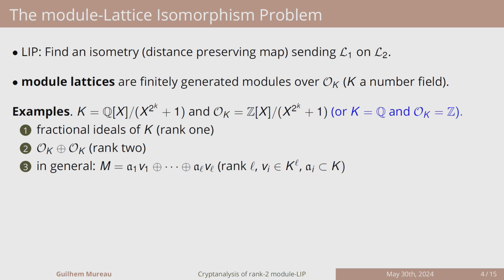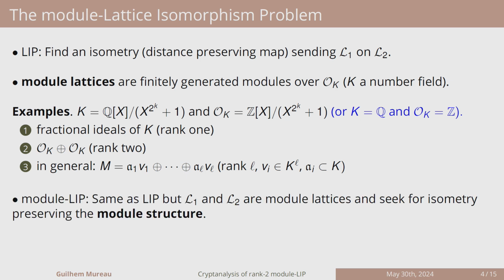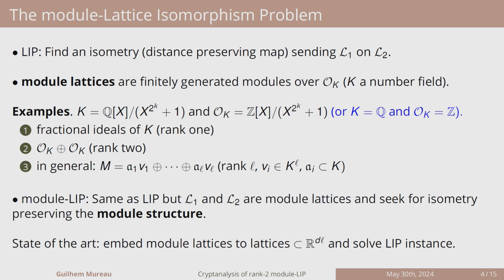I will only consider free lattices, so we'll have bases. Module LIP is the same problem as LIP, but we consider module lattices, and we want to find isometries which also preserve the algebraic structure. This is a new problem, and the state of the art is basically to completely forget about the structure. You just embed your module lattices in some Euclidean lattice in R^(d·n), and solve it as a non-structured LIP instance.